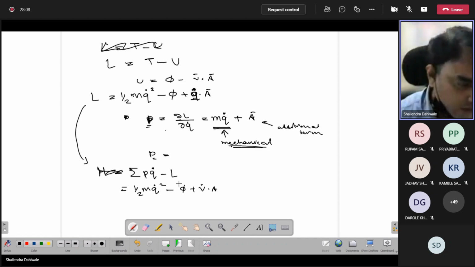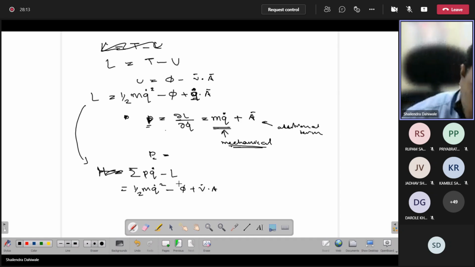And you can write the Hamiltonian as T plus V, right? So let's write P dot A. So your P and Q dot. So this will give you what?